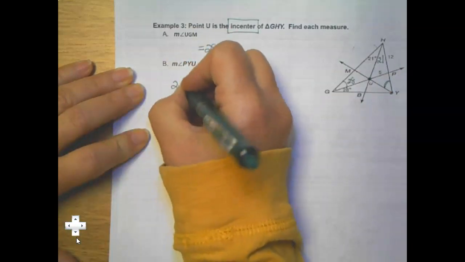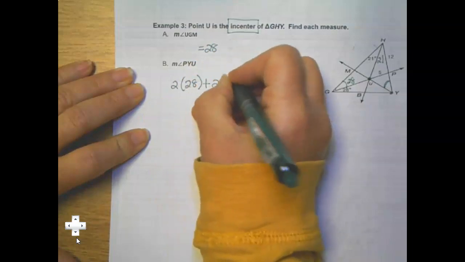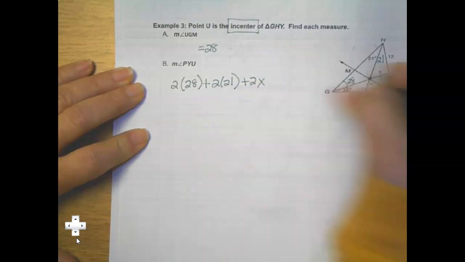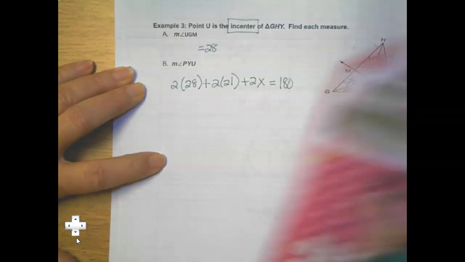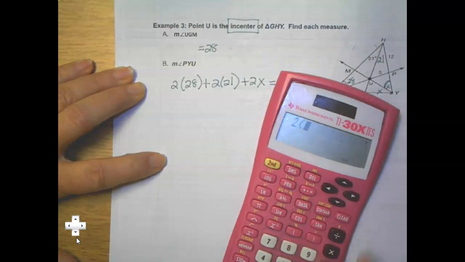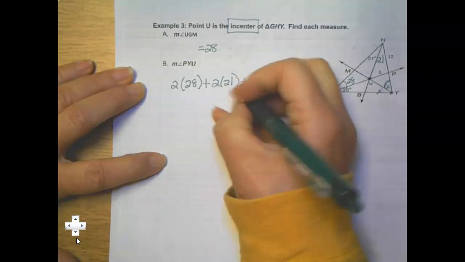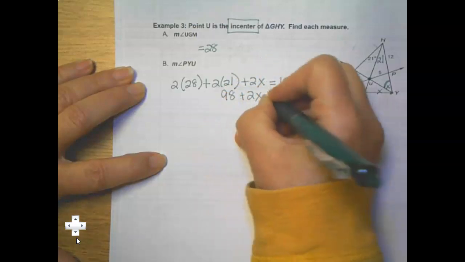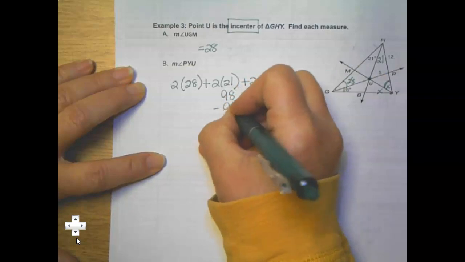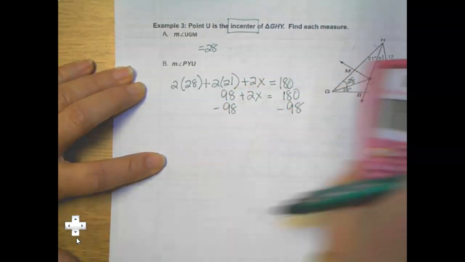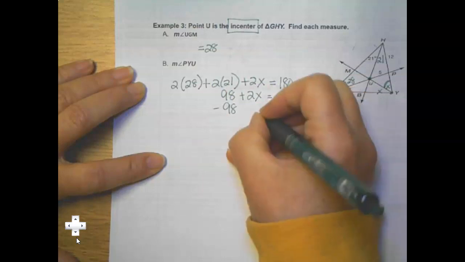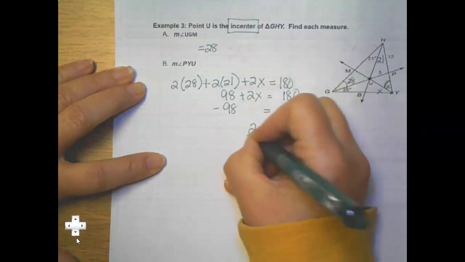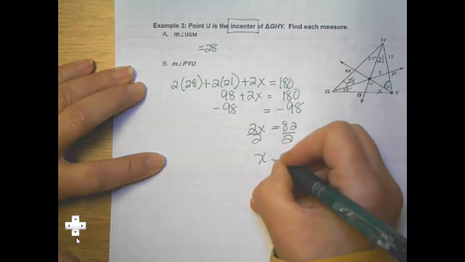So let's go 28 times 2 plus 2 times 21 plus 2 times x, because we don't know what these are, right, equals 180. 2 times 28 plus 2 times 21 is 98 plus 2x equals 180 minus 98. 180 minus 98 is 82 equals 2x divided by 2, and x equals 41.